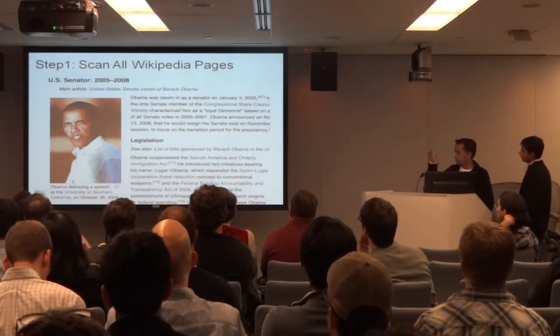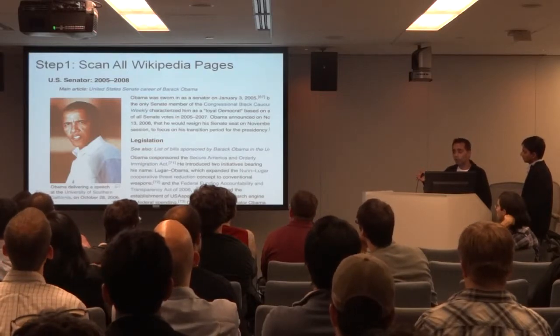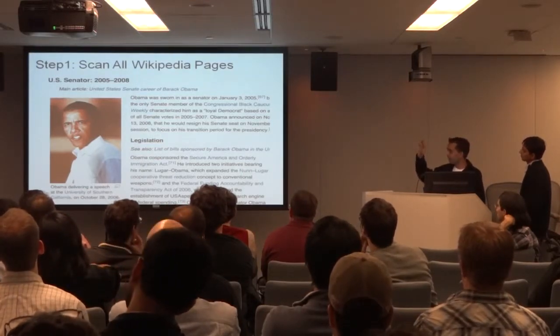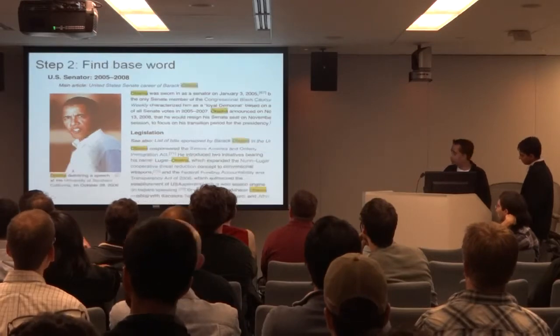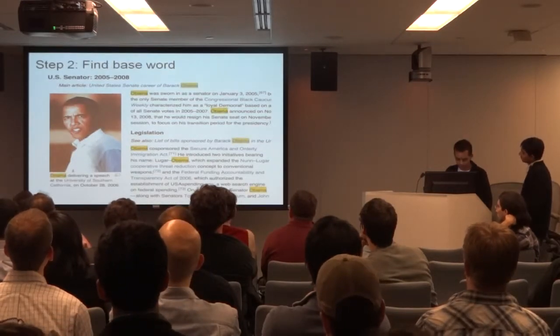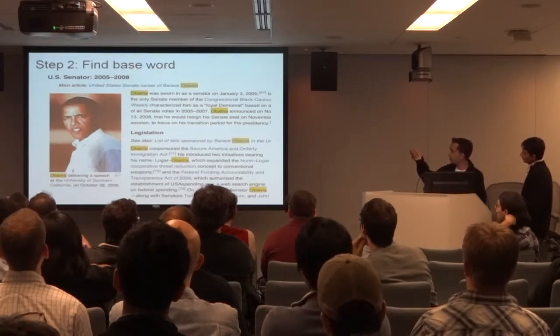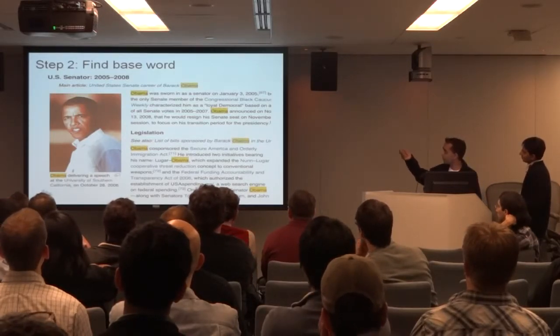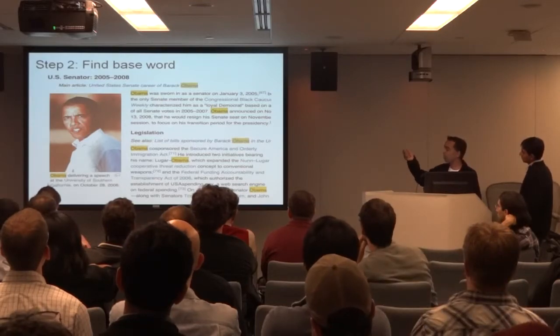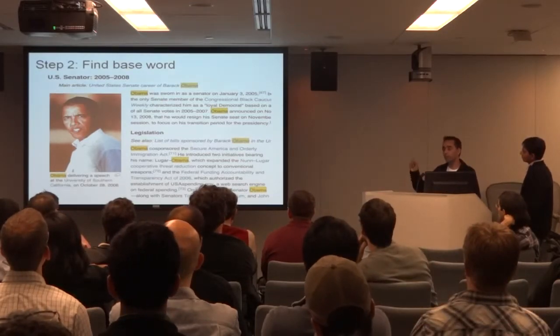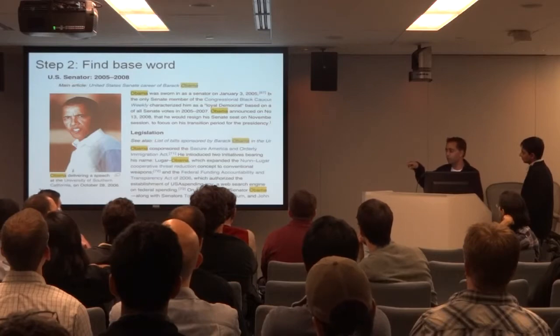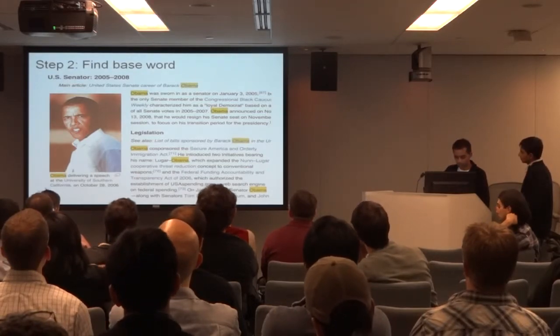So let's say we are scanning all the pages and we hit a page which actually contains the word that we are looking for. Note that the base word that we are looking for, Obama in this case, can appear at multiple locations. In fact, it is quite common that if a word occurs, it occurs in many locations on that page.